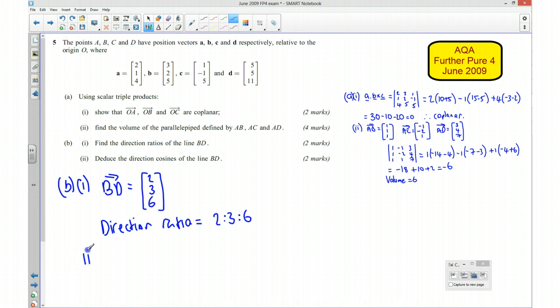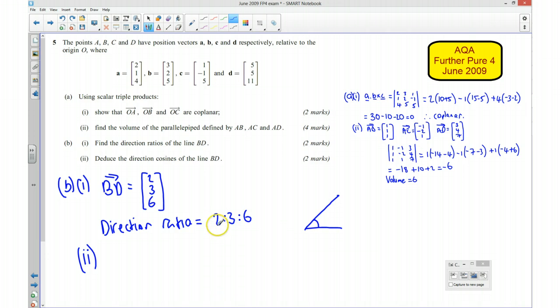The next part, we want to deduce the direction cosines of the line BD. So that's the cosine of the angles that this line is making with the x-axis, the y-axis and the z-axis. If this was our x-axis here, for example, we want the cosine of the angle that this line is making with the x-axis.